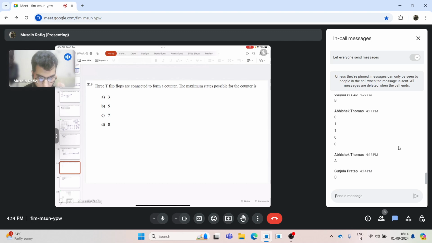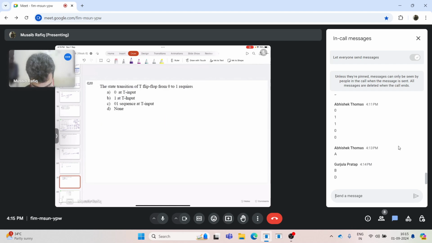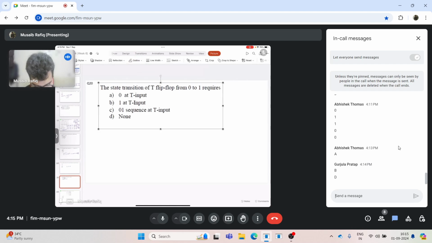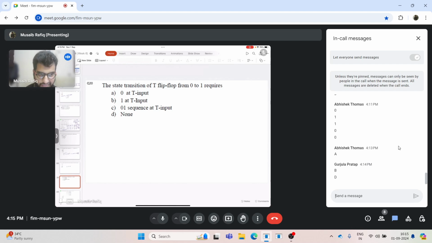3 T flip-flops are connected to form a counter. The maximum possible number of states for the counter is, how many states are possible? Correct. That is 2 raised to the power n, 2 raised to the power 3, that is 8. The state transition of a T flip-flop from 0 to 1 requires, I think we did this type of question, but still, this is in a different form.